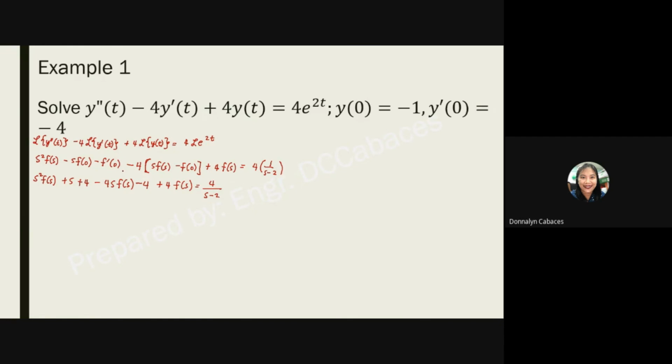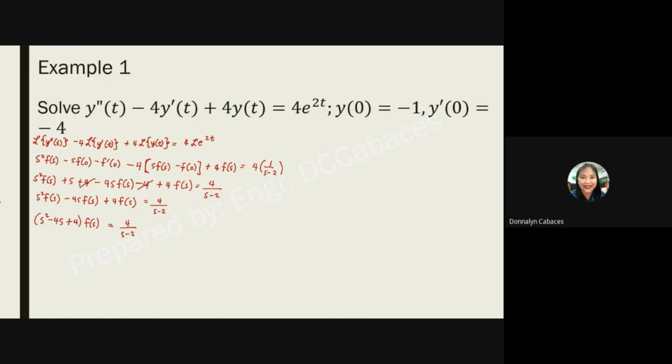Then simplifying, you have here positive 4 and negative 4. So you now have here s squared f of s minus 4s f of s plus 4 times f of s is equal to 4 over s minus 2. So we can factor out your f of s here on the left side of the equation. So that would be s squared minus 4s plus 4 times your f of s is equal to 4 over s minus 2.